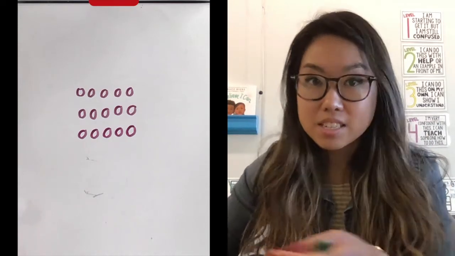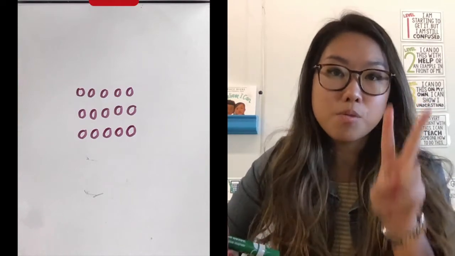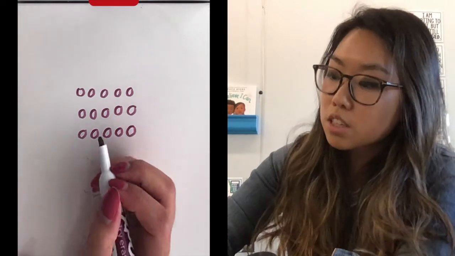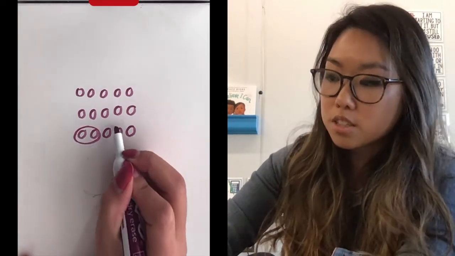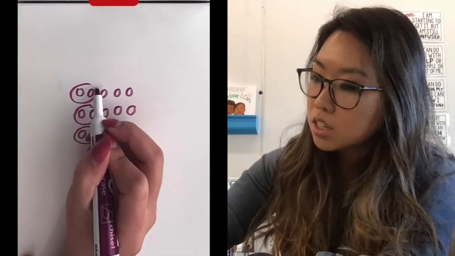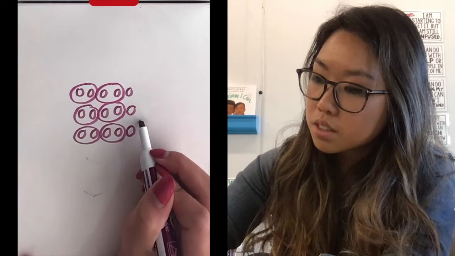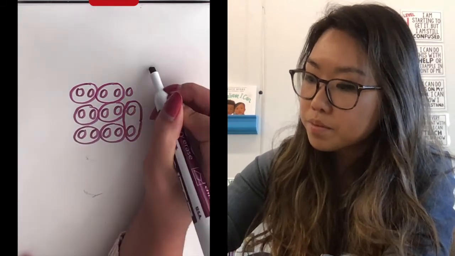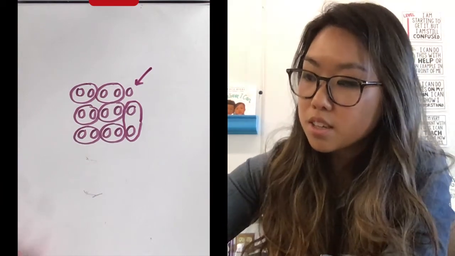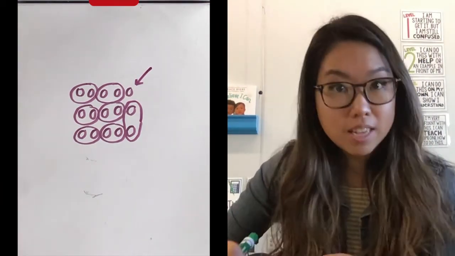Well, the first thing I need to think is, even means that everyone has a partner. So I can go ahead and start circling around partners. So I see there's a partner, there's a partner, there's a partner, here's a partner, here's a partner, partner, and partner. But look, there's one who doesn't have a partner. That means this number is odd.